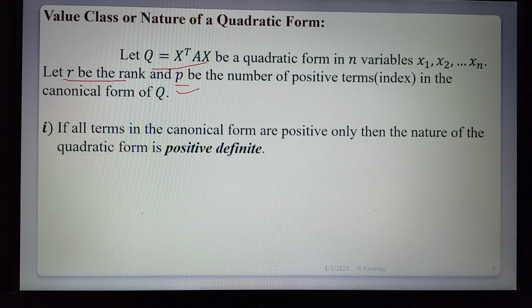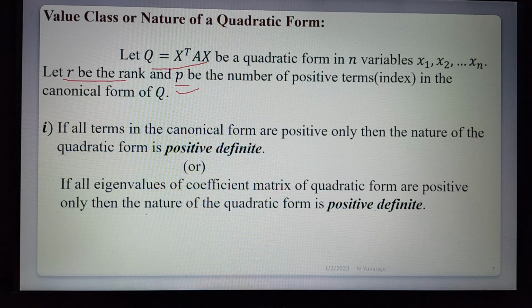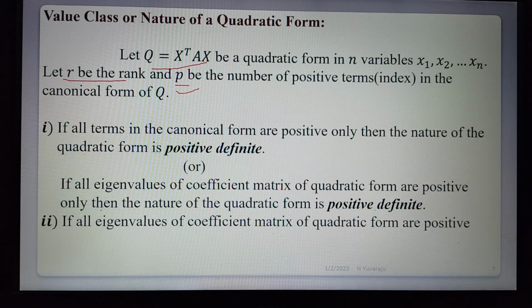Or another one: if the eigenvalues of the coefficient matrix of the quadratic form are all positive only, then the nature of the quadratic form is positive definite. This is also another definition. If all eigenvalues of the coefficient matrix are non-zero positive, then the nature of the quadratic form is positive definite.